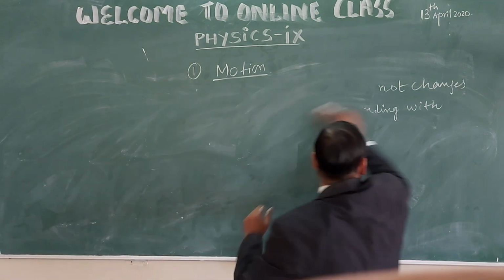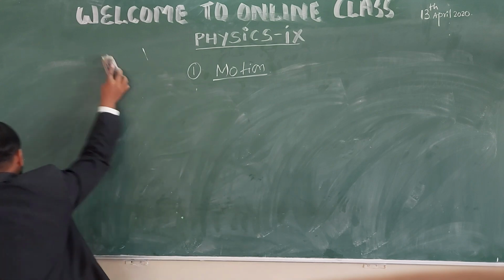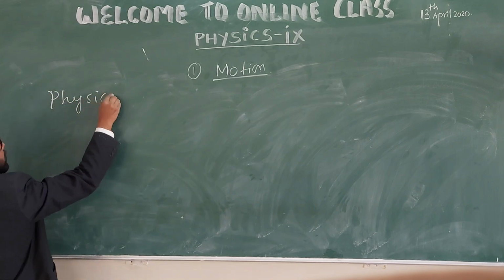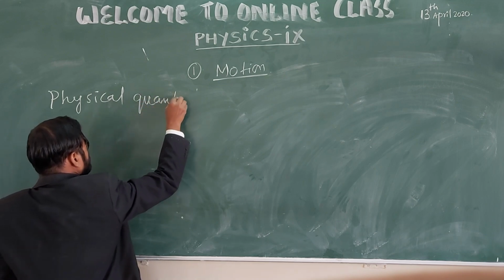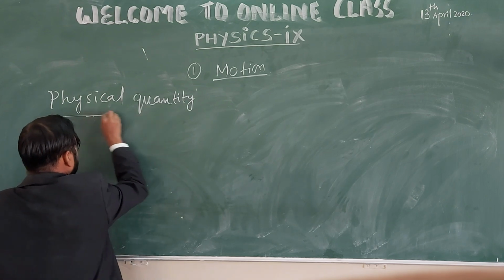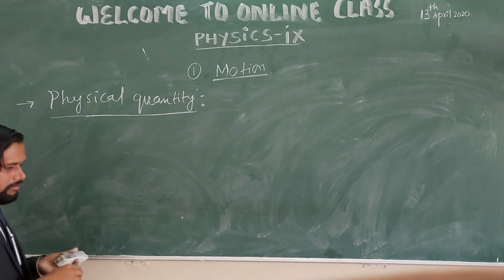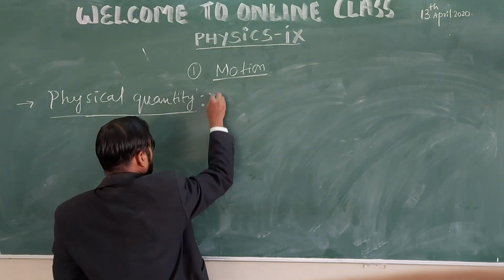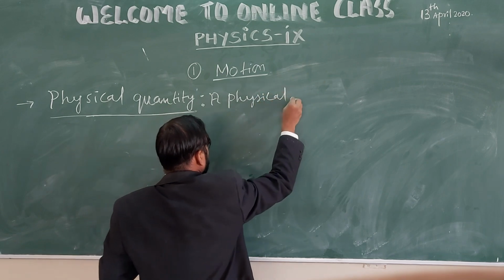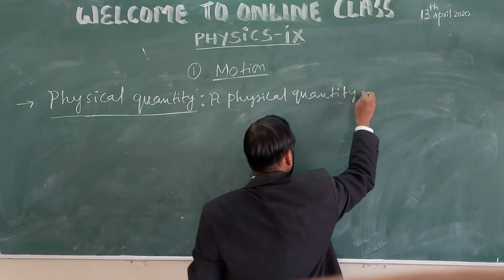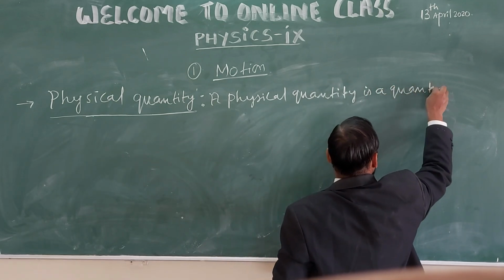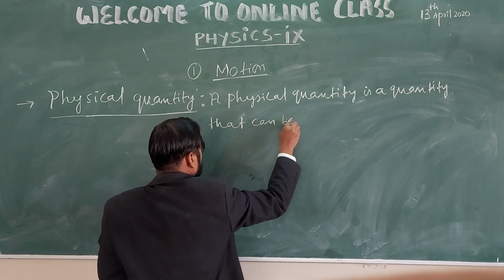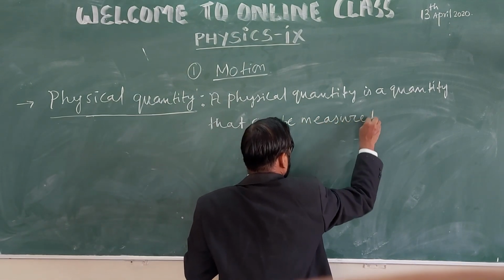Now write physical quantity. A physical quantity is a quantity that can be measured.